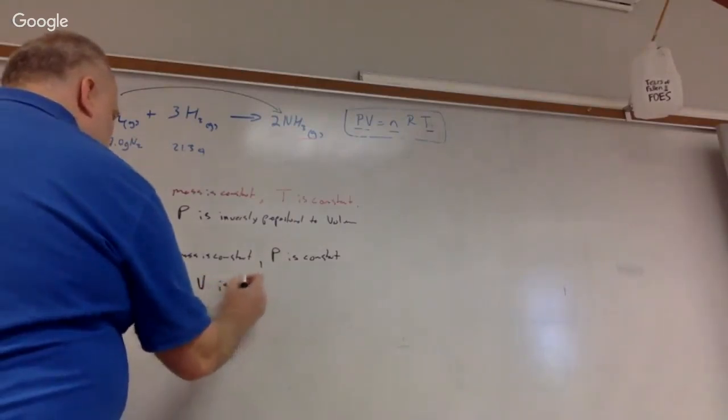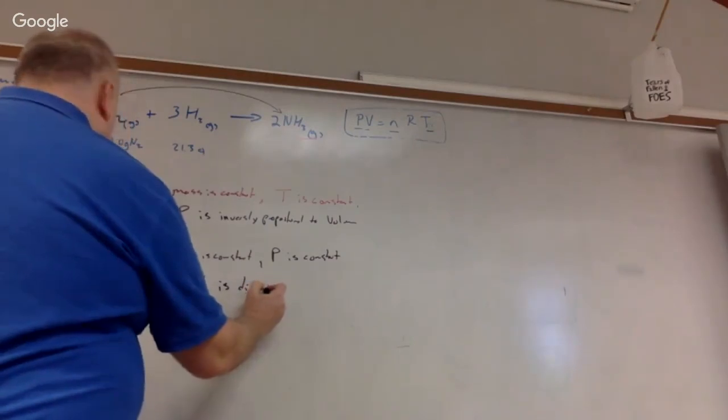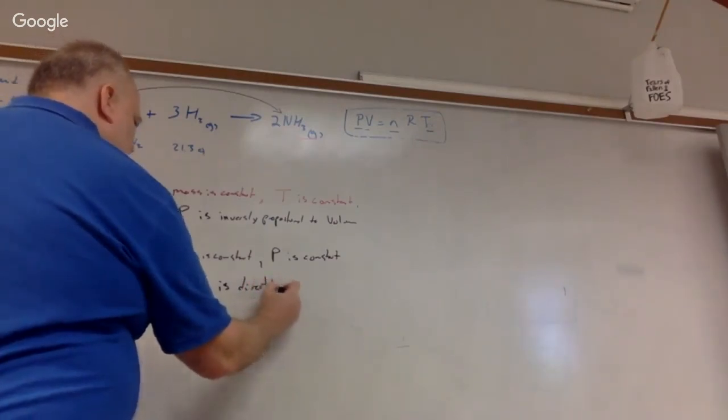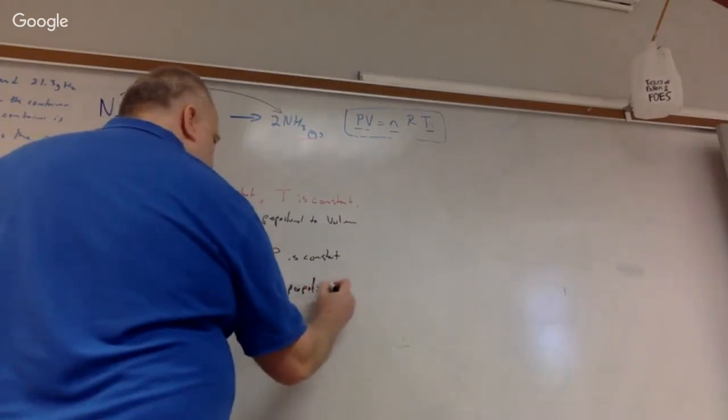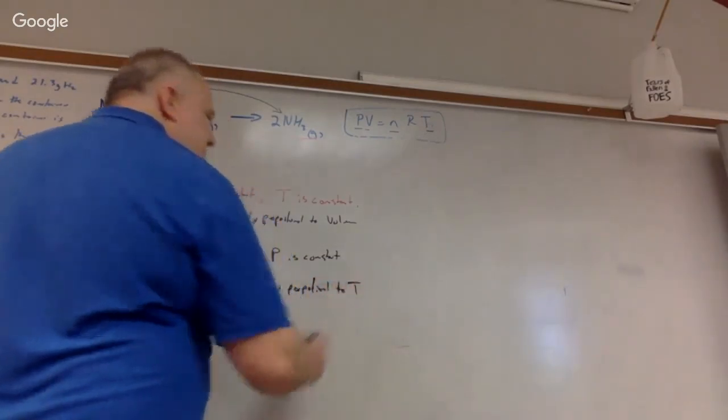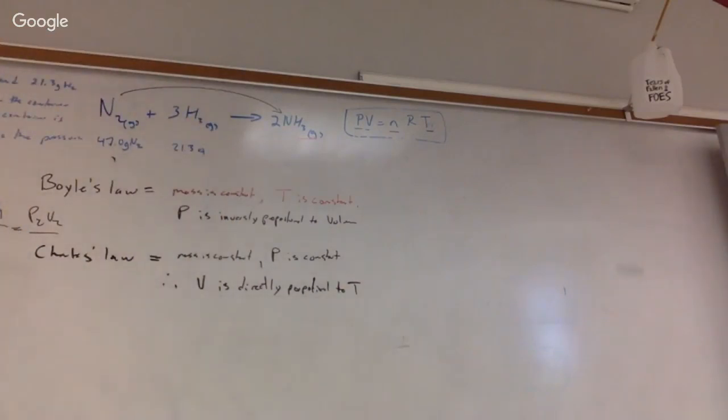Volume is directly proportional to temperature. Now, it comes back to what Lily Catherine said. Do you realize that if I asked you this, you would not need this table to do it? Do you guys remember how you acted out the molecules in here? So if you can just think back to that, like what's happening with pressure and volume when temperature is held constant? What happened? It should make sense.